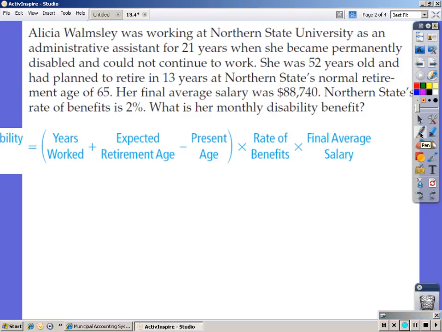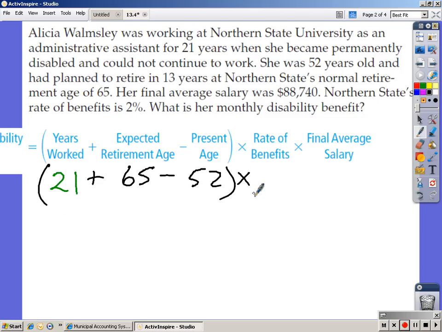All right, so let's just copy exactly what we know. So if we find the years worked, she worked for 21 years, plus her expected retirement age was 65, minus her present age of 52, times the rate of benefits, which is 2%, times her final average salary of $88,740.